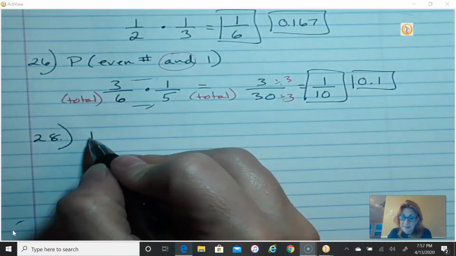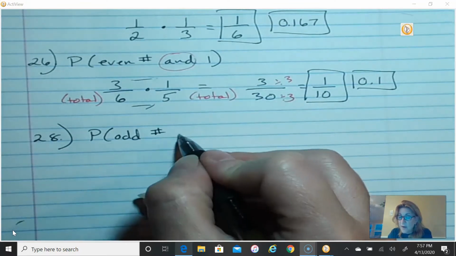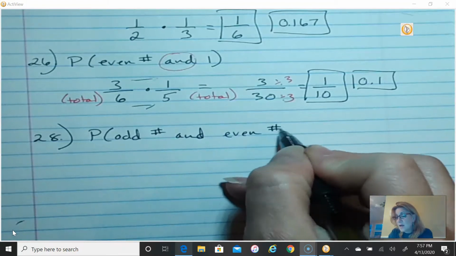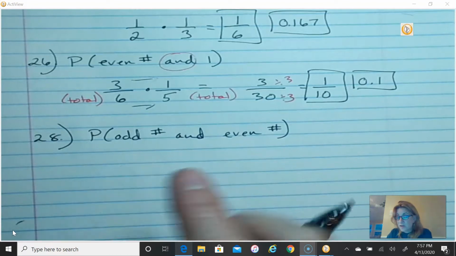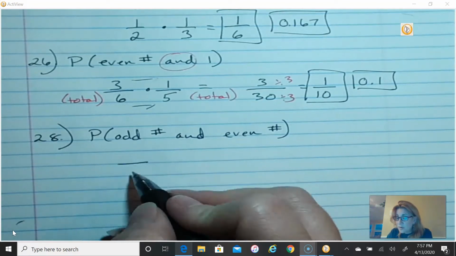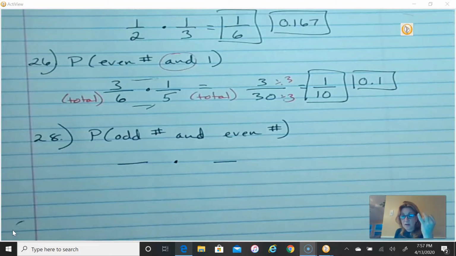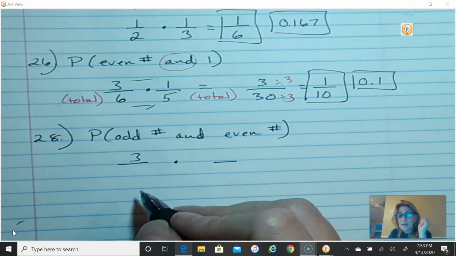All right, last example. Probability of getting an odd number and an even number. Again, once we draw a card, we're not putting it back. So how many odd numbers? 1, 3, and 5. So there's 3, out of how many total?